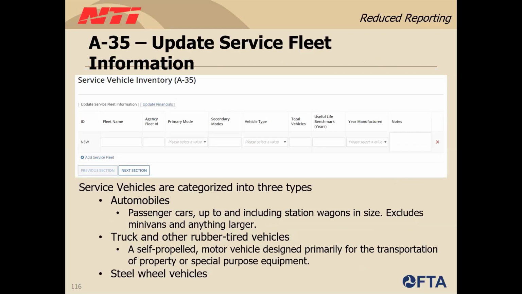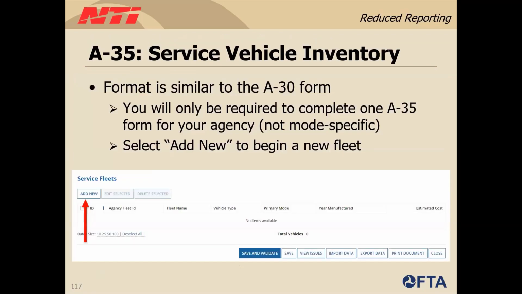Similar to the A30 form, you can group service vehicle fleets by vehicles that are identical across all specifications. Service vehicles are grouped into three vehicle types: automobiles, trucks and other rubber tire vehicles, and steel wheel vehicles. This form is not specific to modes, so you will only be required to complete one A35 form.